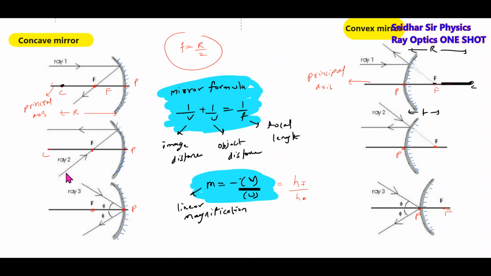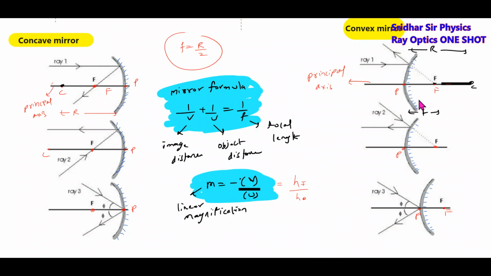Similarly, a ray passing through the focus, after reflection will become parallel to the optic axis. Agreed? Then a ray incident at the pole will get reflected symmetrically with respect to the axis. So these are the image tracing rays. To trace out the image formed by the concave mirror, I'll be using these particular rays. Agreed?